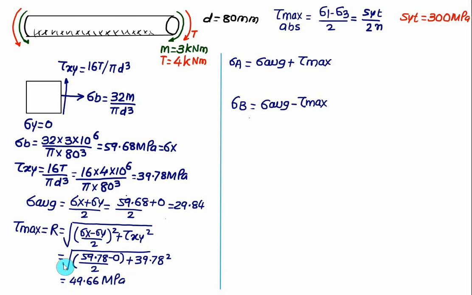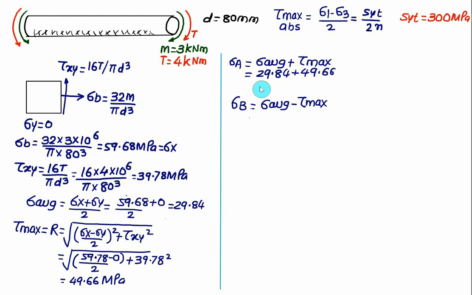Using tau max and sigma average, we can calculate the two principal stresses, sigma A and sigma B. One time you use the positive value, the second time you use the negative value. We have sigma average equal to 29.84 and tau max equal to 49.66.